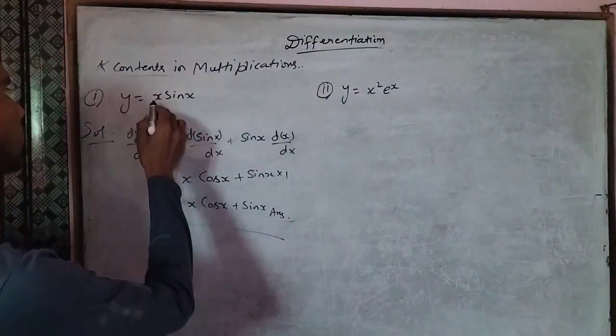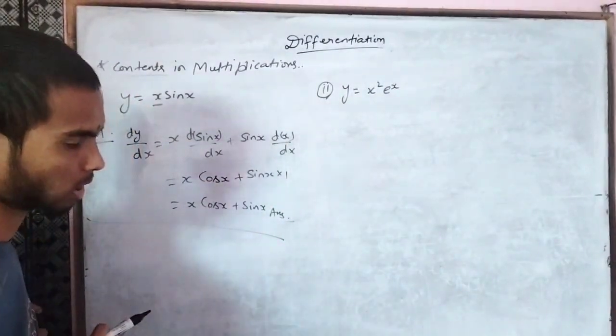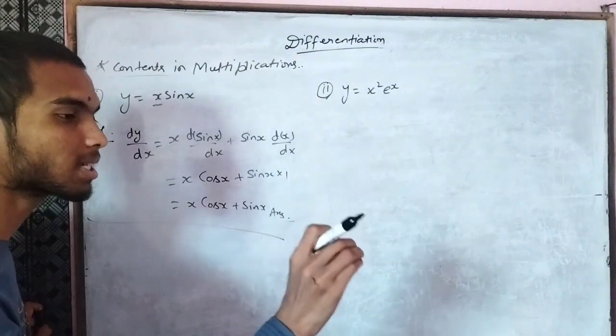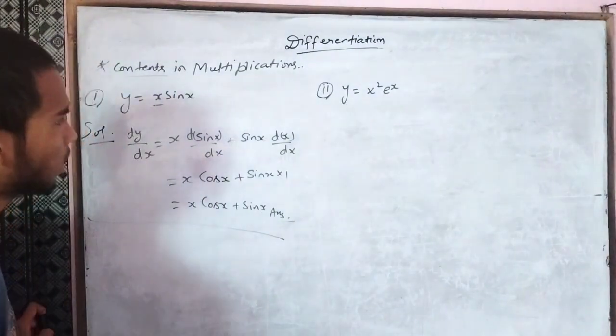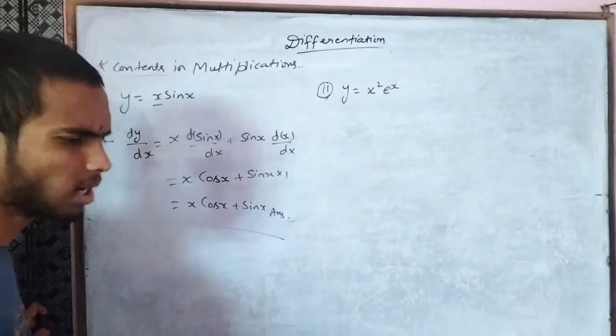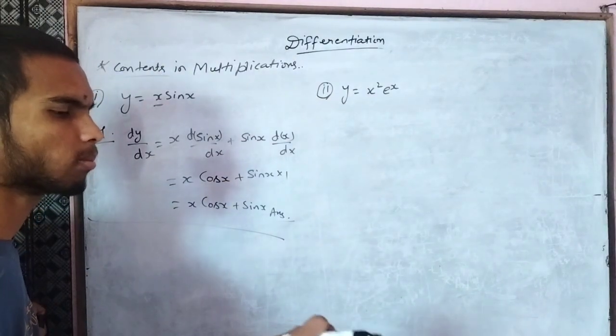So the first variable we will write as it is, and we will differentiate the second variable, and then we will apply addition, because in the case of multiplication we use addition.